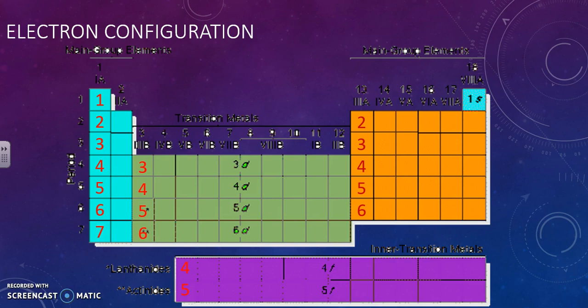So I'd like to show you an example using sulfur. So I'm going to place sulfur on the periodic table, and what I want to do is start all the way back at the beginning of the periodic table with element number 1, that will be hydrogen. And we're going to slowly build up sulfur's electrons, starting with hydrogen. So hydrogen's electron is a 1s electron. So we literally write down 1s.